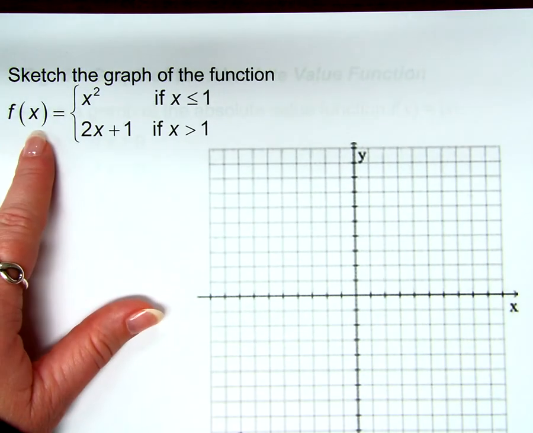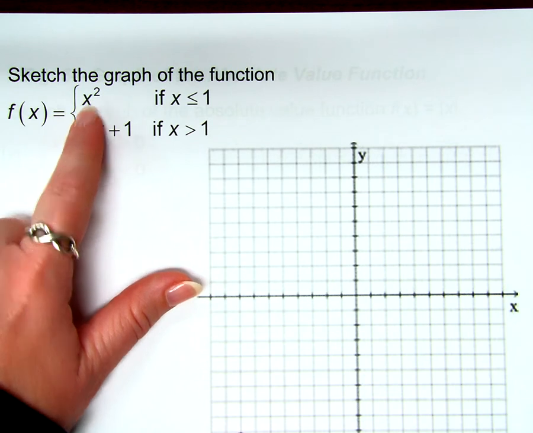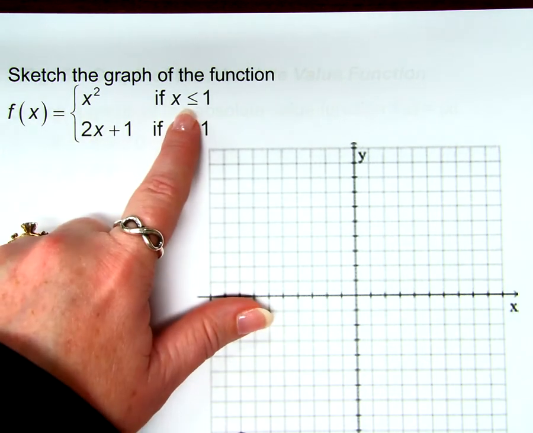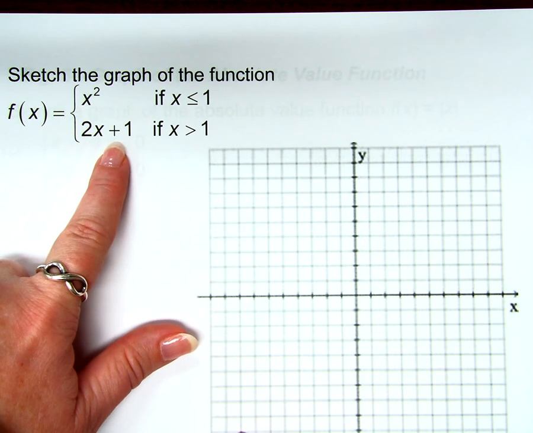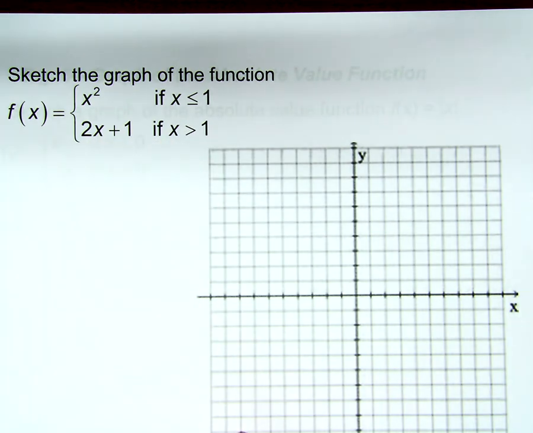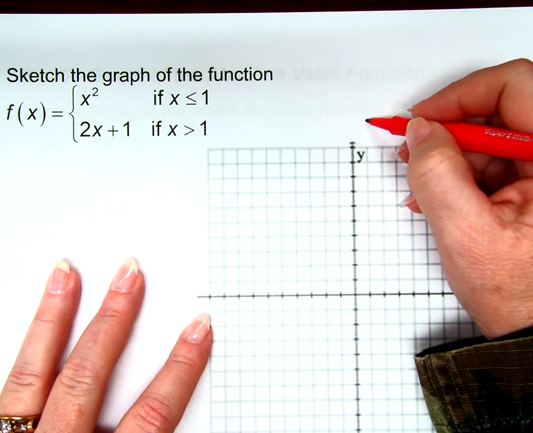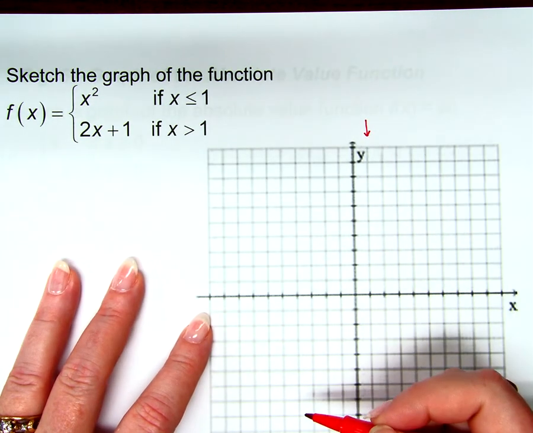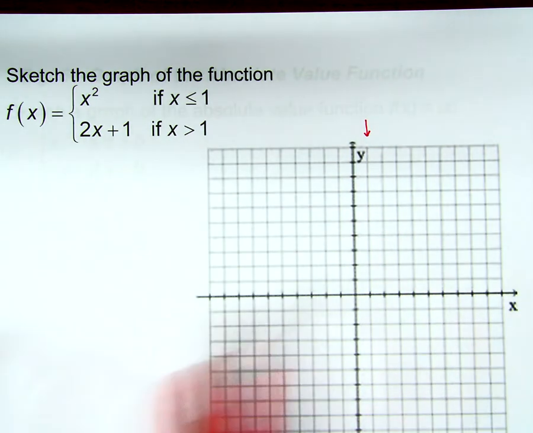So in this function, the piecewise function says our function is equal to a parabola, parent function in fact, when x is less than or equal to 1, and a line, 2x plus 1, if x is greater than 1. Okay, so this line right here, the x equals 1, is kind of our dividing line. It's our changing line.